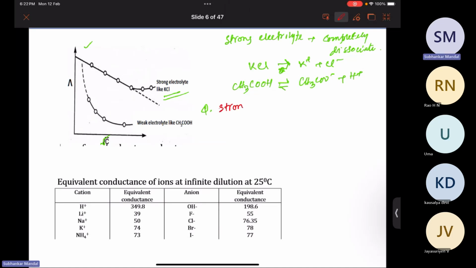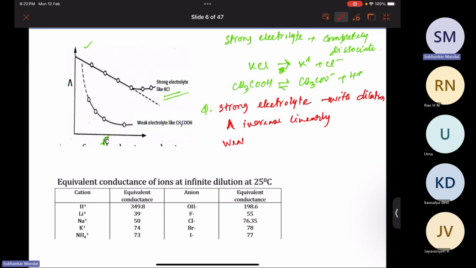Strong electrolyte: with dilution, lambda increases linearly.